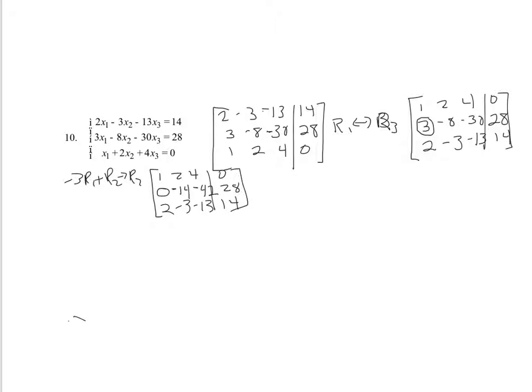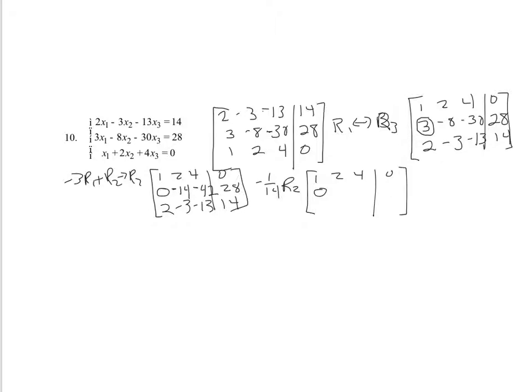Okay, I need to make the -14 in row 2 become a 1. In order for that to happen, I can multiply everything in row 2 by -1/14. Remember, if you multiply by the reciprocal, you can get a 1. So 1, 2, 4, 0 on top.